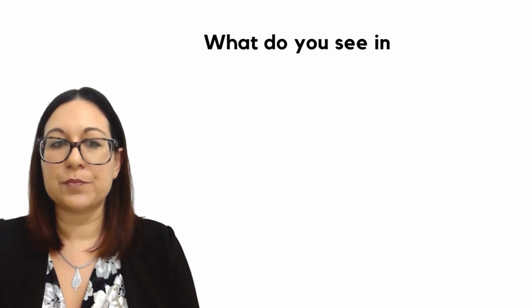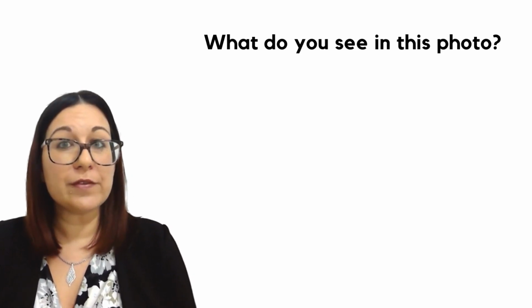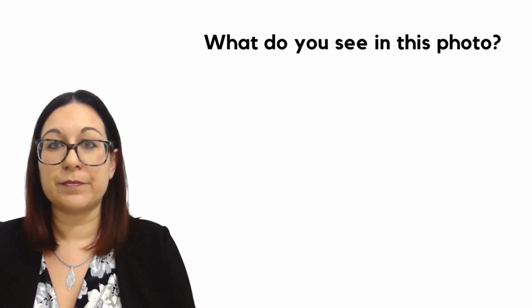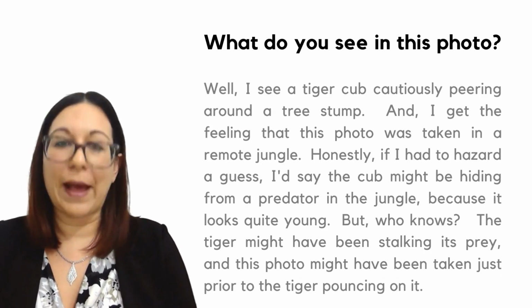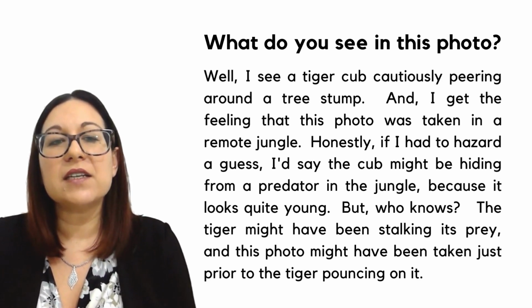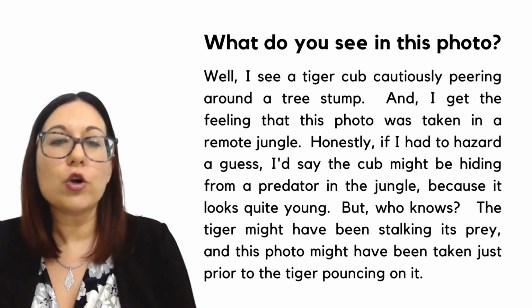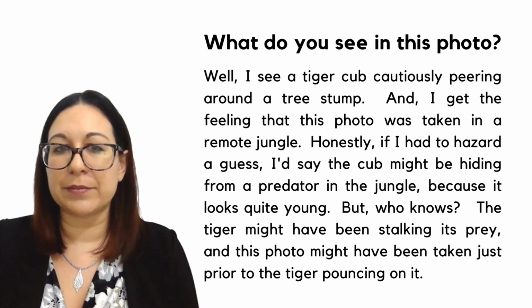Now, let's just add in a few discourse markers and some more linkers to form a complete answer. Remember the question. What do you see in this photo? Well, I see a tiger cub cautiously peering around a tree stump.